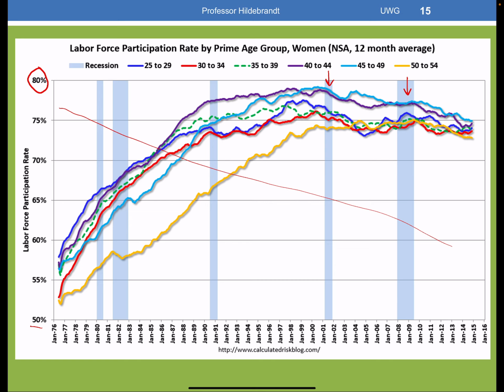Another thing I think is interesting for the women is there's much less spread regardless of the age breakdown when we look at labor force participation rates closer to present day, right? Our range here is like 73 to 75%. So all of the age groups are clustered really closely together. And that was another difference we saw between the men and the women.